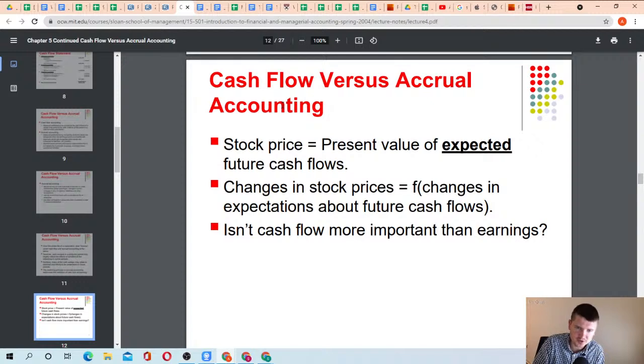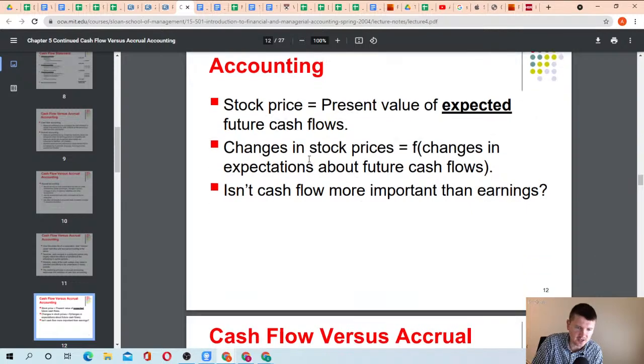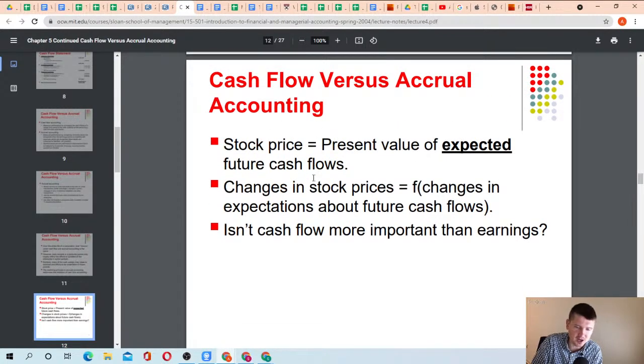Cash flow versus accrual accounting, and stock price. They give you a few examples here. If you want to calculate the value of the stock price via valuation, via discounting cash flows, you will look at future cash flows. Everything in stock valuation is about cash flows, it's not about accruals.